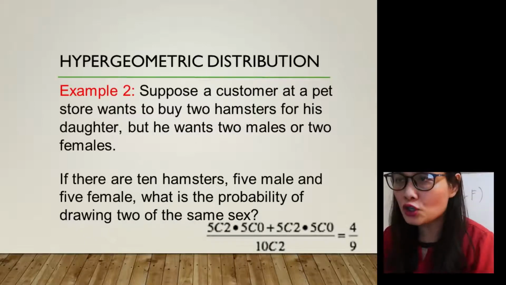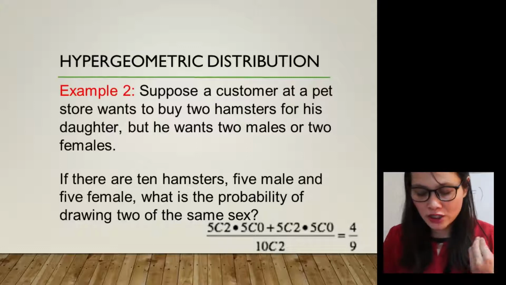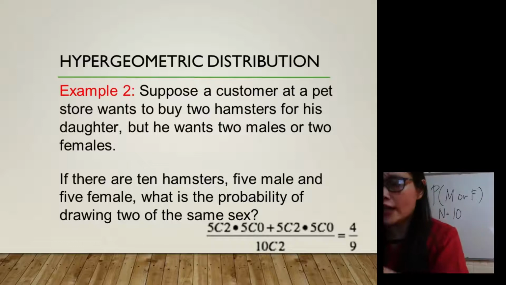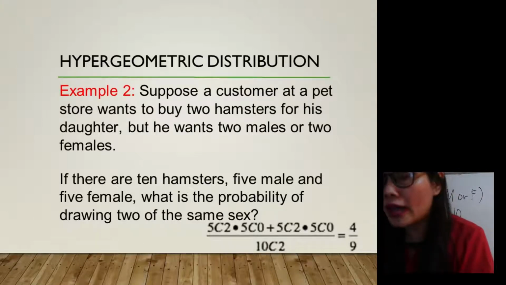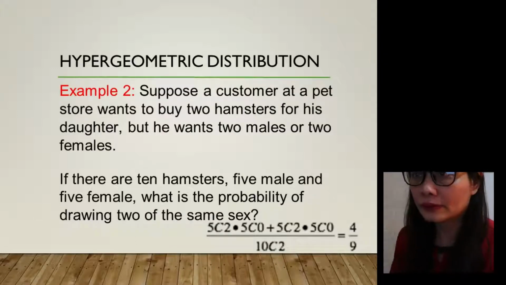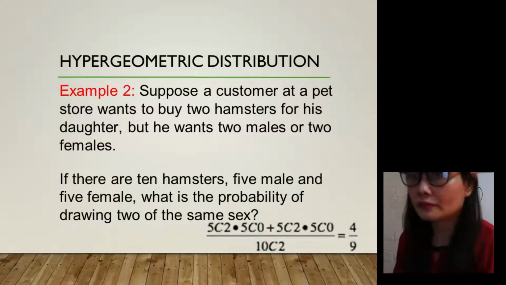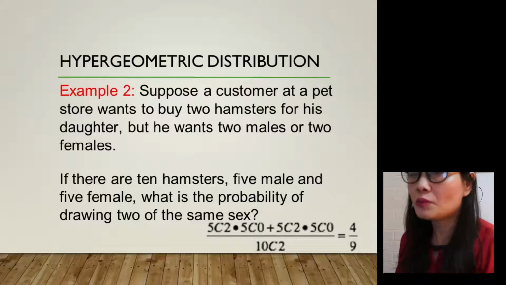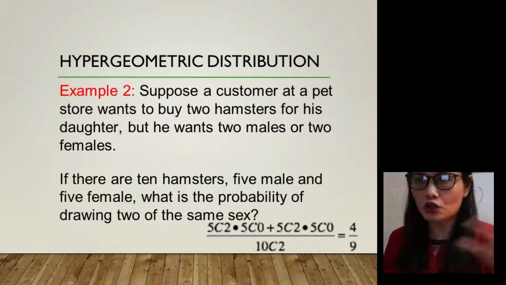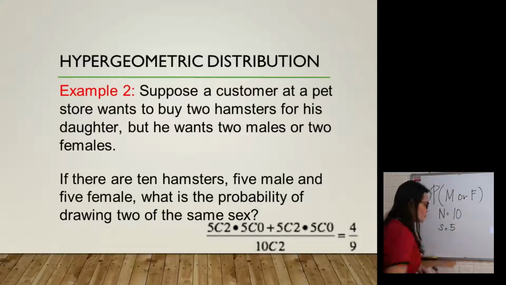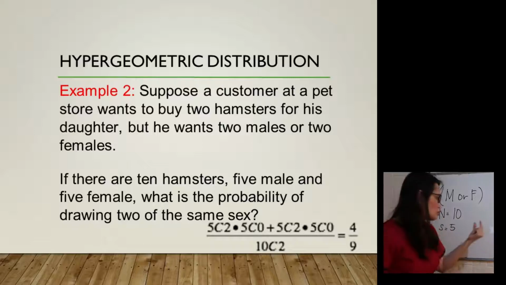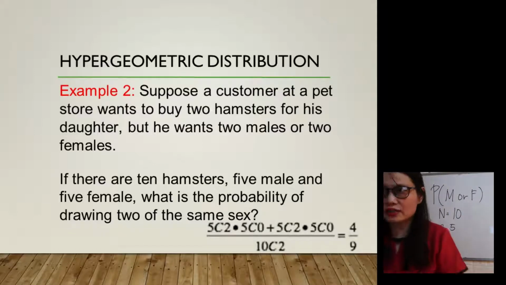So when we say S, you are referring to the number of success in the population. So out of 10 hamsters, how many are female, how many are male? So there are 5 male or 5 females, okay?